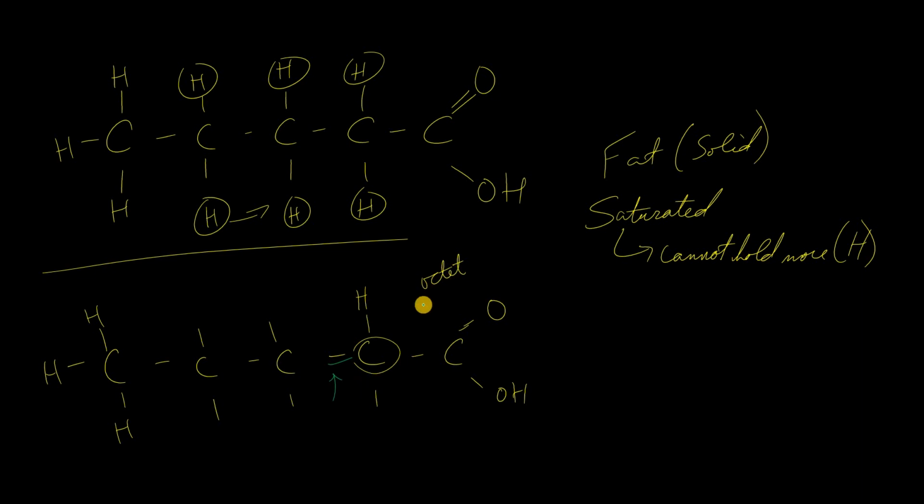That's not an octet, that'd be like a dectet, and that's not a thing to my knowledge. Dec meaning 10. So I need to remove one of these bonding hydrogens in order for this to have 2, 4, 6, 8. Well, now I have a slot where hydrogen used to be.